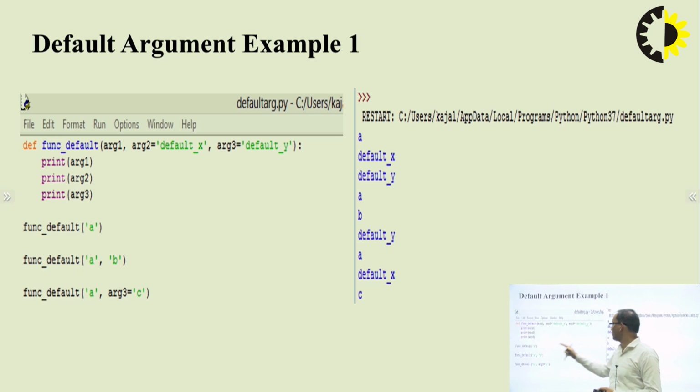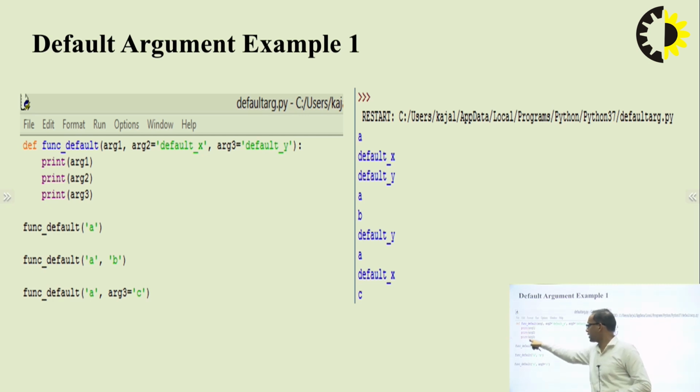So here at first a will print. When we execute this program, a will print, and for arg2 default x will be printed, and for arg3 default y will be printed. Next, when this function is called, here I am passing two parameters, first a and b. So here again I am printing arg2.